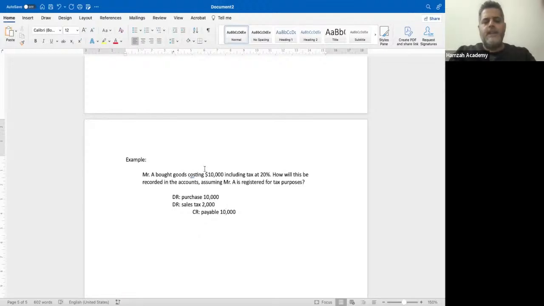Normal thing is that if this is something including tax, let's just exclude the tax from this. If I multiply this 10,000 by 20%, I get 2,000 over here. So the sales tax is 2,000. So technically speaking, my payables are going to be 8,000 over here. This is one way of looking at it, right?